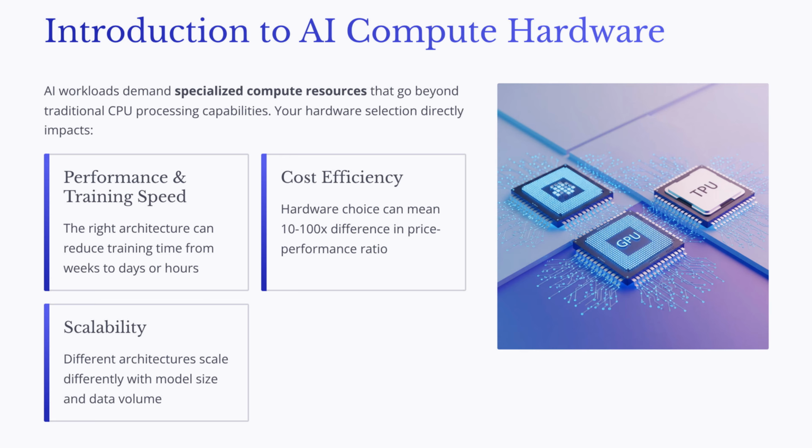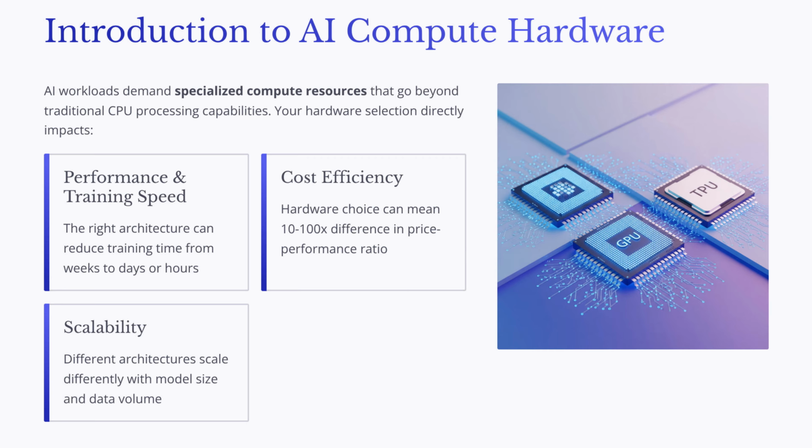The hardware you select impacts three critical dimensions. First, performance and training speed. Choosing the right architecture can shrink training time from weeks to mere days, sometimes even hours. Second, cost efficiency. Hardware choice can mean a 10 to 100 times difference in the price performance ratio, the difference between a feasible project and one that breaks the budget.